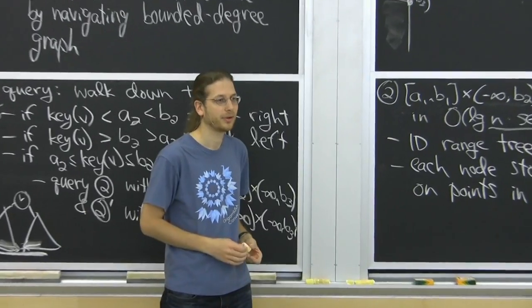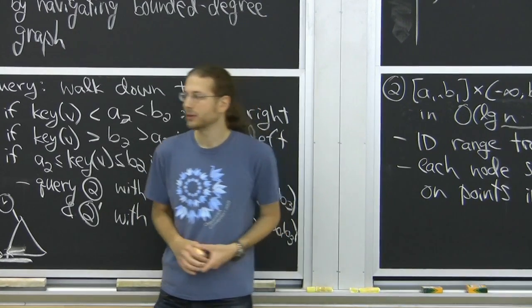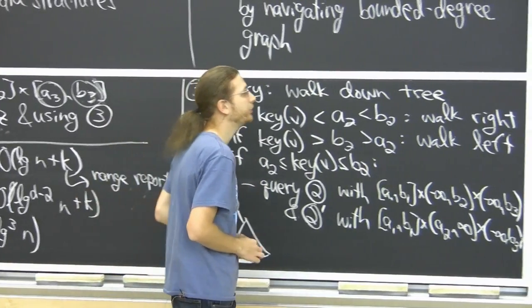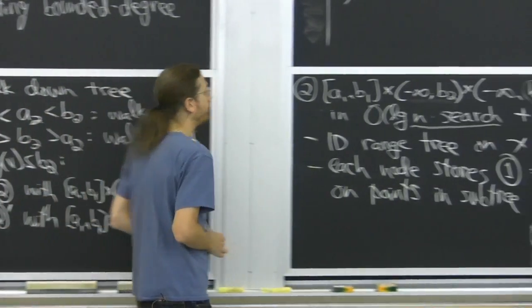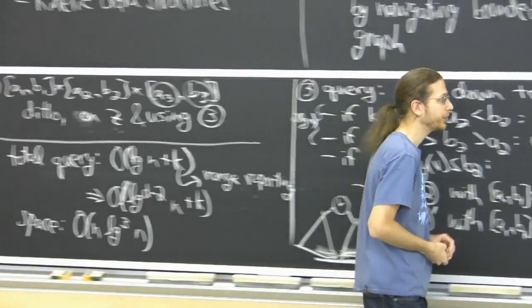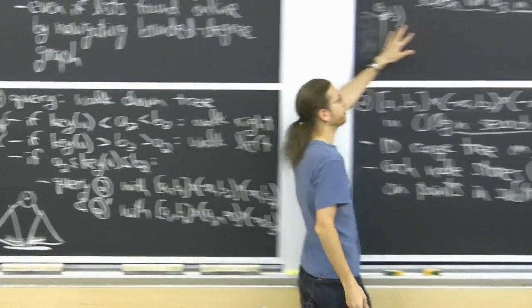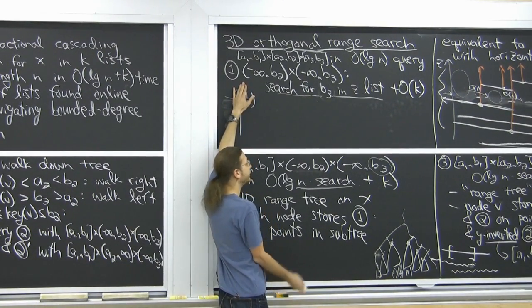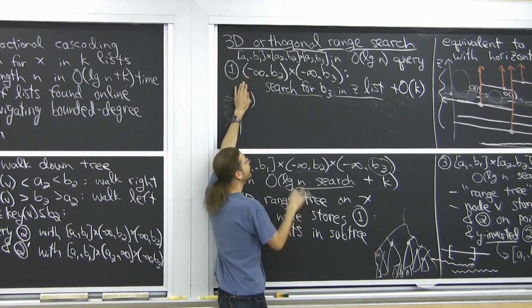I don't think anyone knows how to do range counting faster. And the reason we're only hitting points we know about is because the one-sided data structure is on the bottom. So you need to check why it's only order k, where k is the actual output size: by the time we get down to the one-sided data structure level, we're guaranteed that x already matches. It's already in our interval a1, b1 by the range tree.